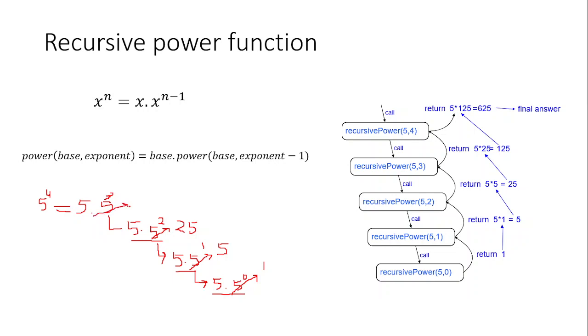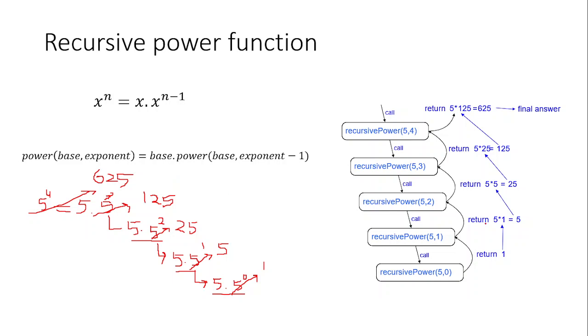This value is then 5 times 25, 125. And once you know the value of 5 cube, you know the value of 5 raised to the power 4, which is 5 times 125, 625. So that is how basically the recursive power function would work. Okay?